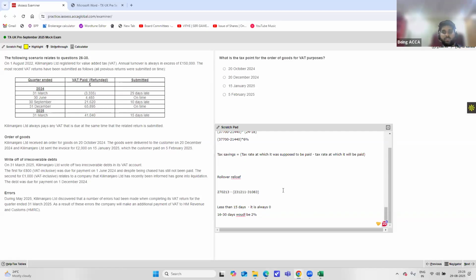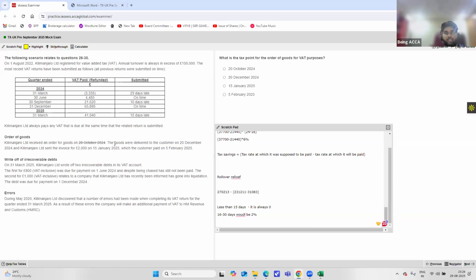Correct. Now, so here we will be looking at when the goods were received. The order was received on 24th October 2024. Is this relevant to our tax point, when the order was received? Is this point relevant to us? It is not.